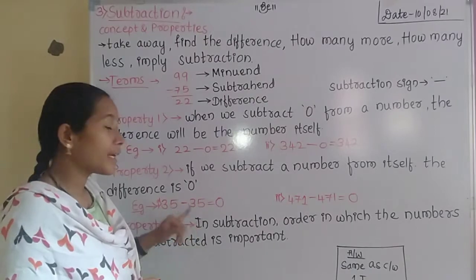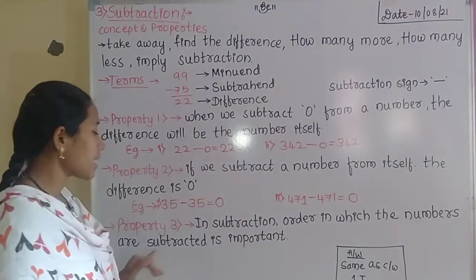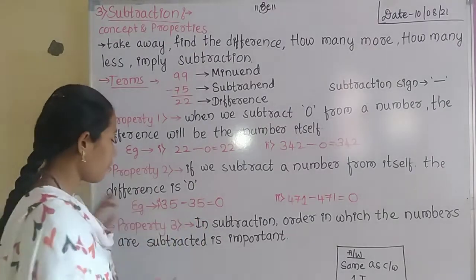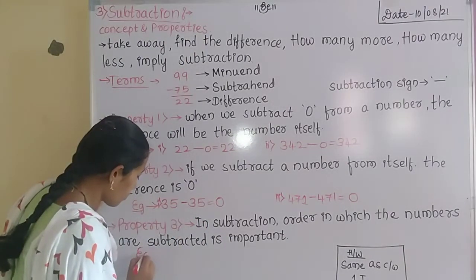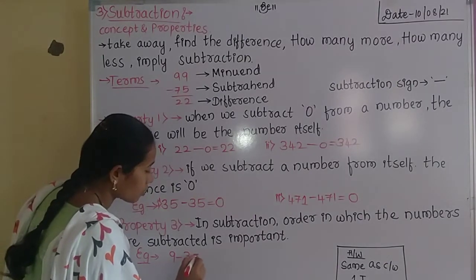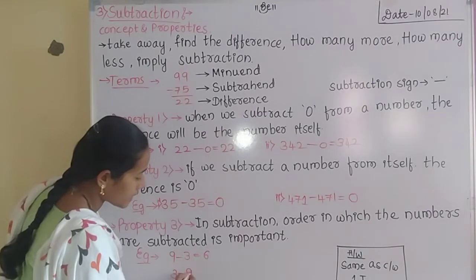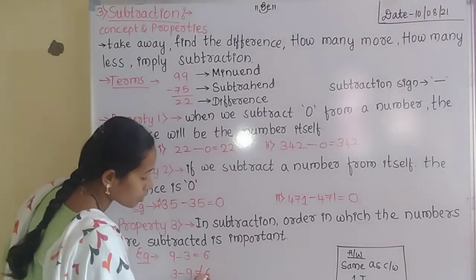So here in subtraction, the order in which the numbers are subtracted is important. For example, see, 9 minus 3 is equal to 6. Okay, 3 minus 9 is not equal to 6.